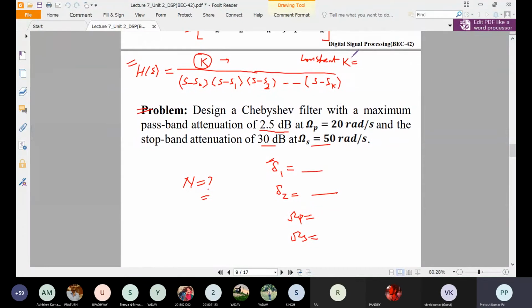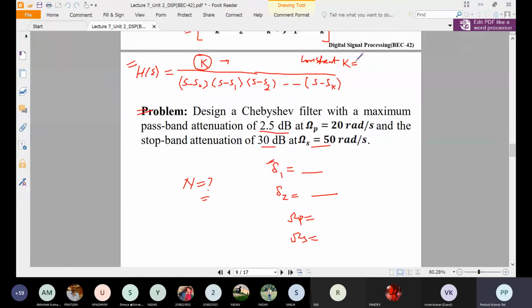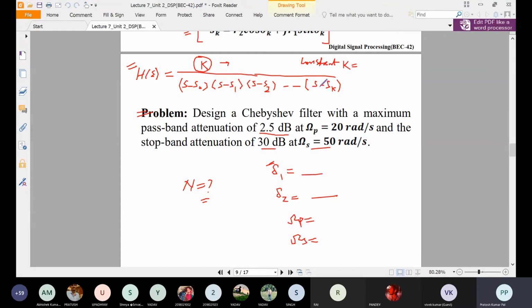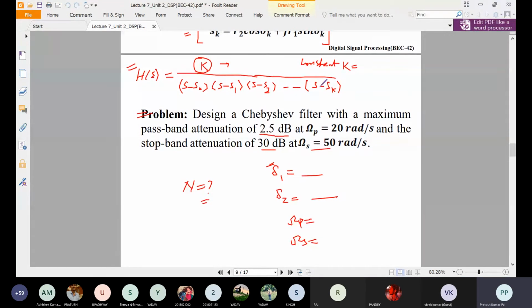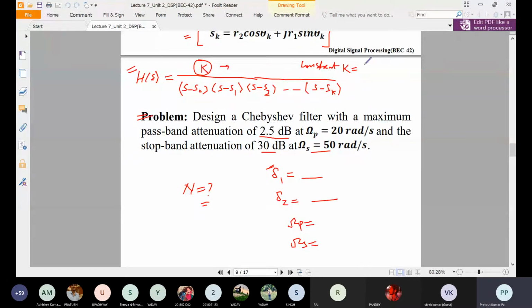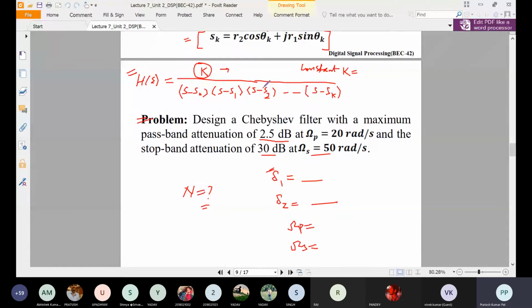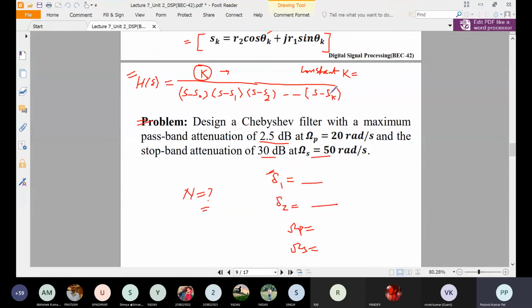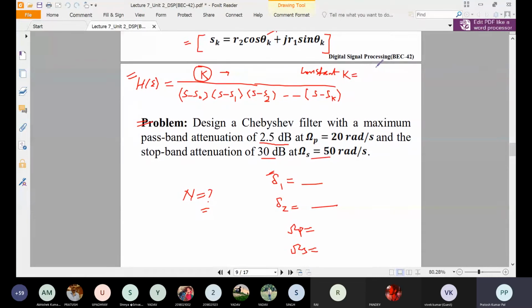With respect to this s value, we will be getting different k values, and the k values will again depend on this constant. Whatever constants are there in this formula, into this location of the poles, we will be finding this k value.